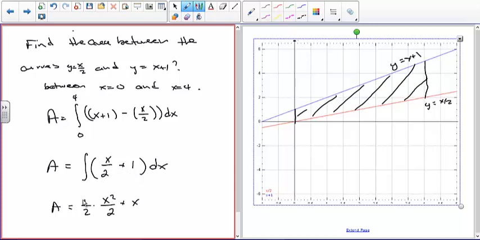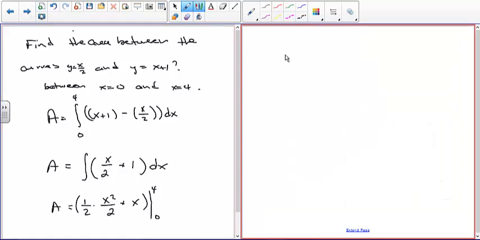Because it's a definite integral, we don't add an arbitrary constant. We put our vertical line and put in our limits of integration. Let's simplify before we plug anything in. We have x squared over 4 plus x, evaluated between 0 and 4.